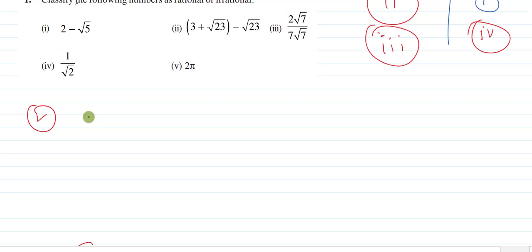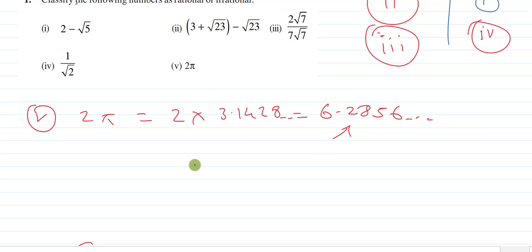Now coming to the fifth question. Fifth question is your 2 pi. You know that 2. What is the value of pi? It will be 3.1428 and something. If I multiply it, what will I get? 6.2856 and so on. Getting it? This is an irrational number. So here I can observe 2 was rational, into pi which is irrational, the answer came as irrational.